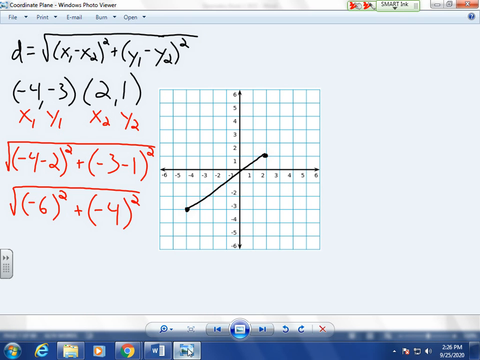So a negative times a negative is going to be a positive, 36. And then negative 4 squared, negative 4 times negative 4, 16. We add what's inside the root, and we get the square root of 52.